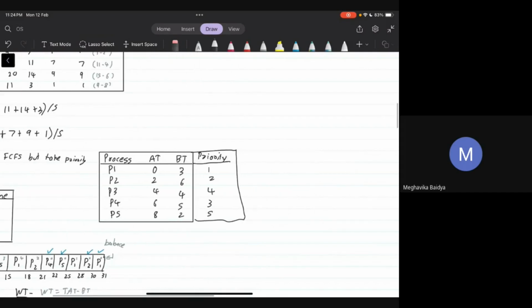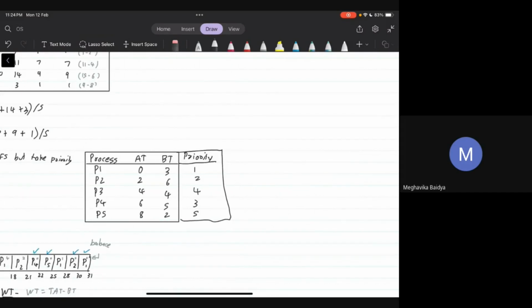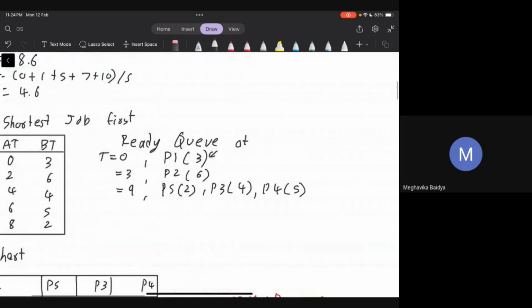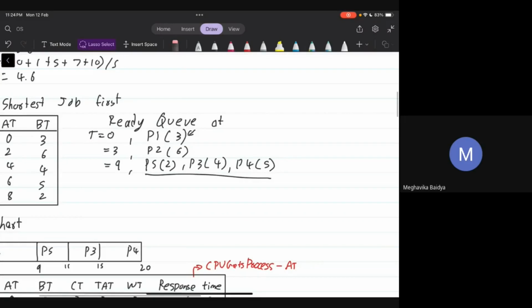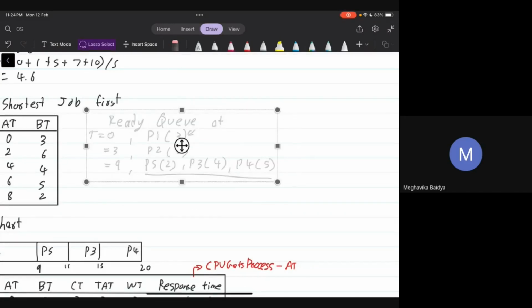So what happens here is, in SJF we looked at the burst time, right? When multiple processes are in the queue, we decided based on the burst time. But in the priority case, we will look at the priority directly.